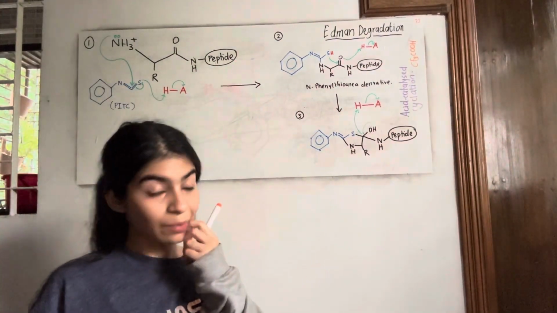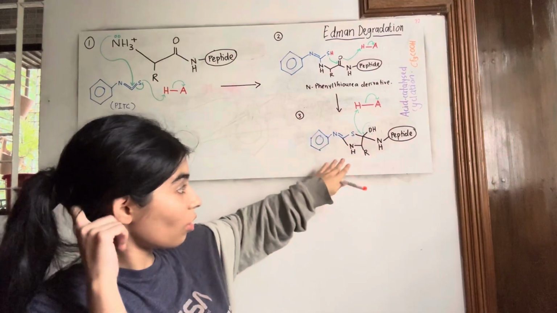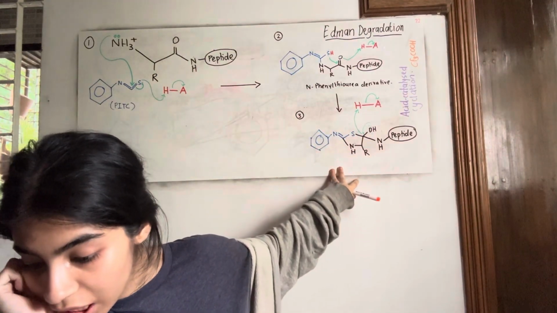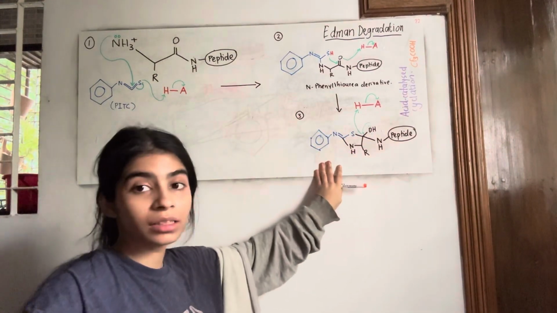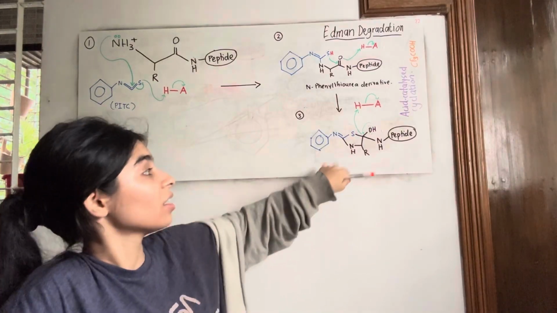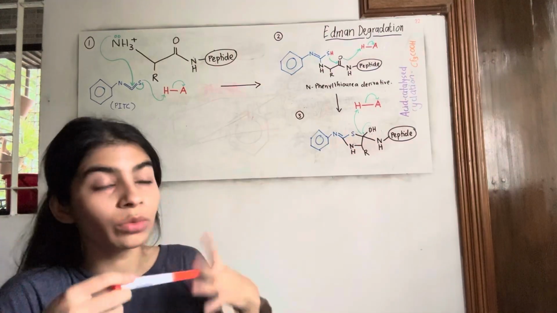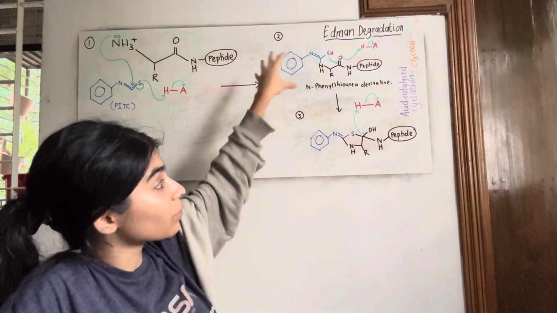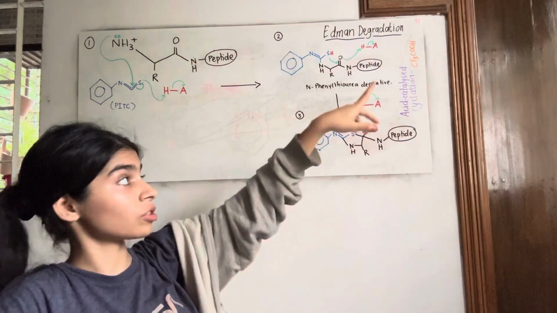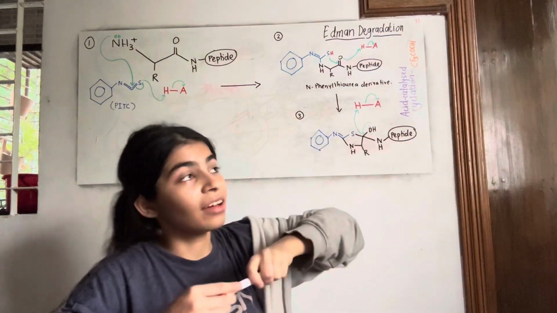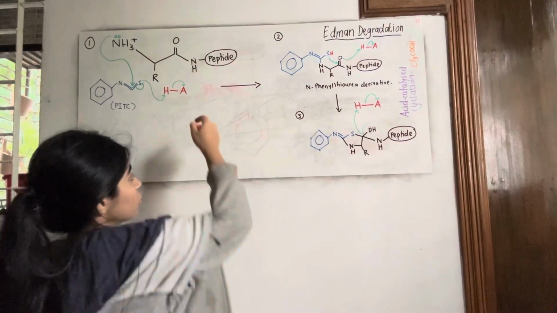Now remember step 2 again. This is now called a tetrahedral intermediate. Why? You see, it's formed a cycle, right? It wasn't a cycle, it was a linear structure beforehand. So now that it's formed a cycle, and in the presence of CF3COOH, let me draw the structure for you.